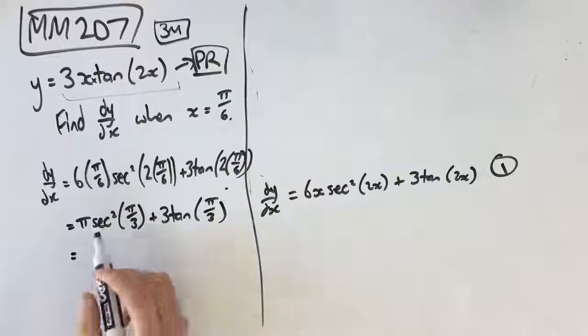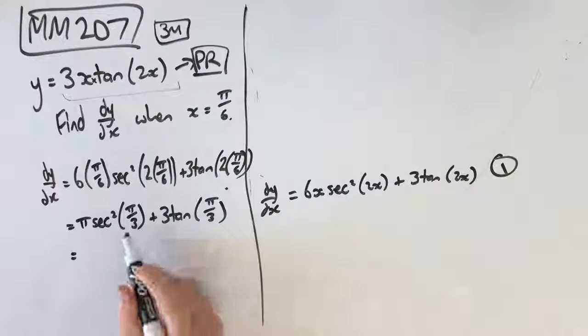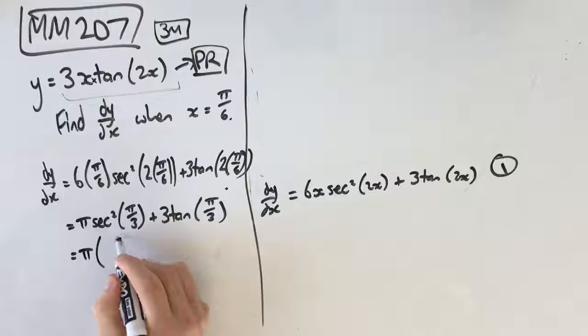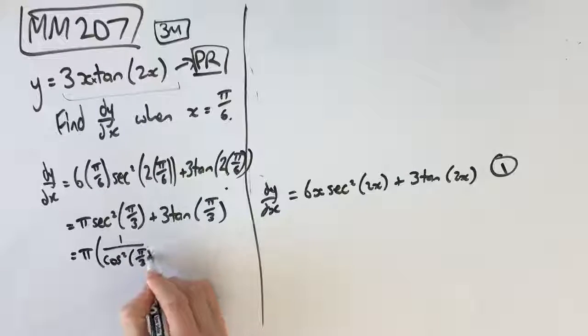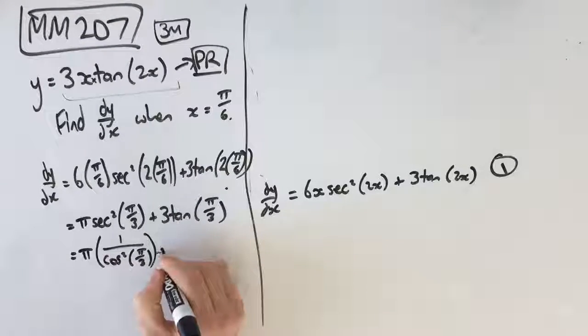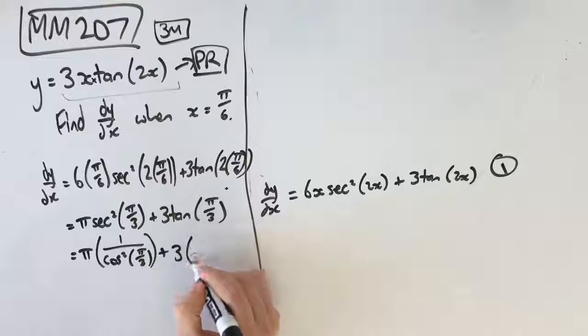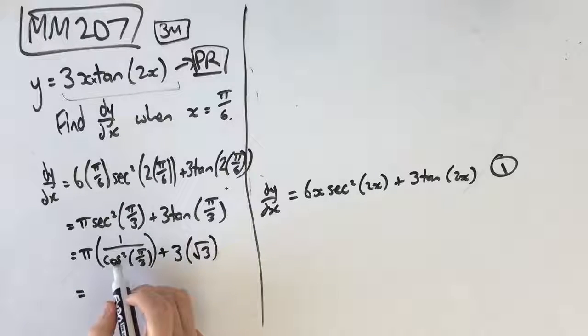Alrighty guys. Now, keeping in mind that sec squared is 1 over cos squared of x, whatever our angle is there. So this is actually pi times 1 over cos squared of pi on 3. Yep. Plus, now tan of pi on 3 is root 3. Yep. So 3 times root 3. Cos of pi on 3 is, I'll just rewrite this.